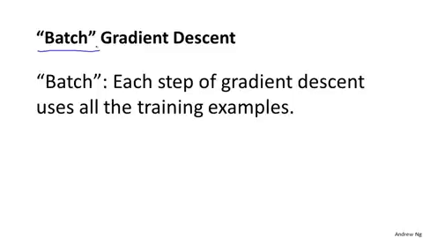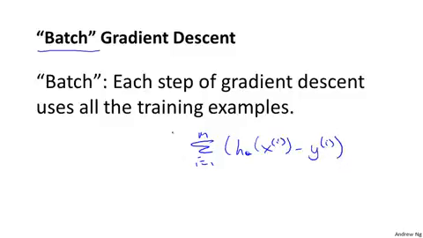When computing derivatives, we're computing these sums, so in every step of gradient descent we end up computing something like this that sums over all m training examples. So the term batch gradient descent refers to the fact that we're looking at the entire batch of training examples. Again, this is maybe not a great name, but this is what machine learning people call it.